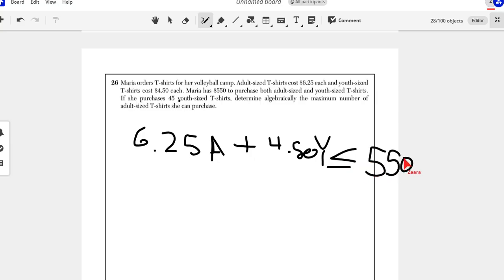What about this equation? I got this equation, the inequality. I got the inequality by just reading the maximum number of adult size t-shirts you can purchase. Okay, and maximum means let's discuss it.